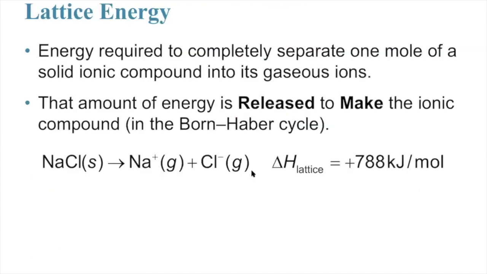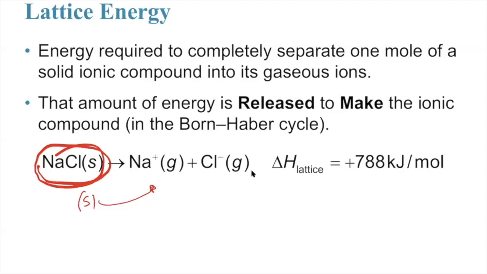Notice here you're taking the ionic compound and dissociating it into cations and anions. Therefore, the lattice energy is when you go from solid to gases. It's taking a solid and converting it to gases. That's the energy that is called lattice energy: a solid ionic compound into its gas ions.